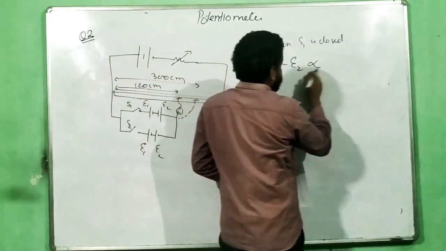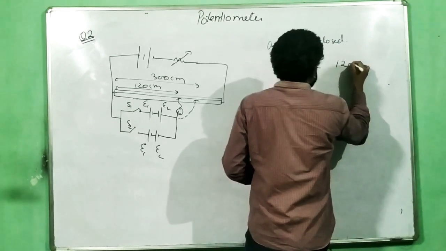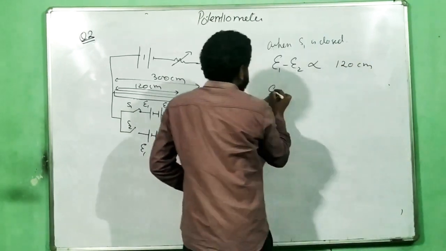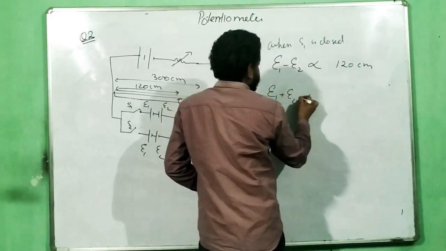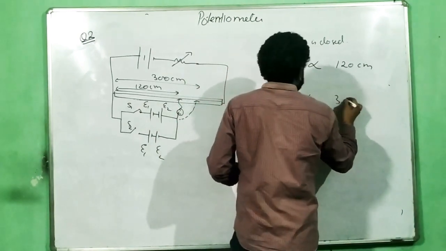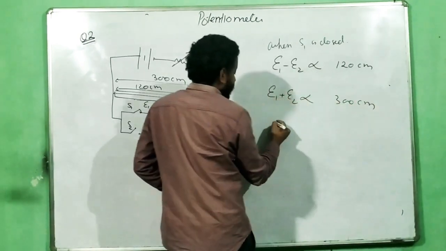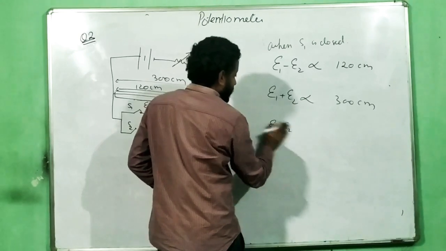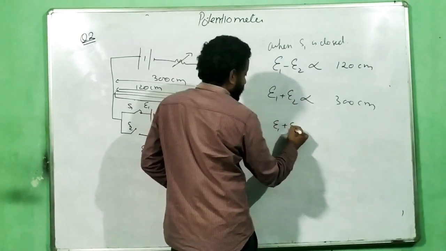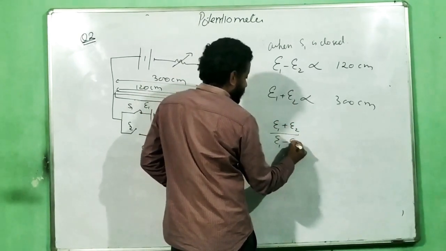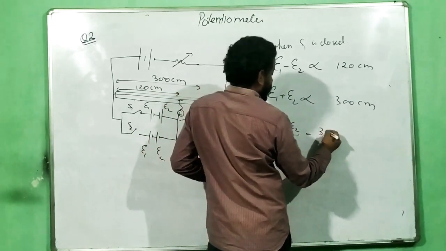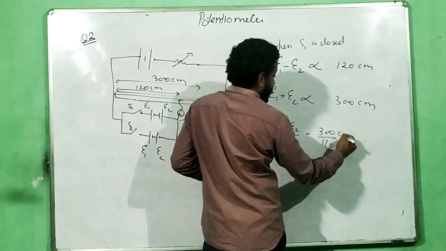So E1 minus E2 is proportional to 120 centimeter, and E1 plus E2 is proportional to 300 centimeter. Therefore E1 plus E2 divided by E1 minus E2 will be equal to 300 divided by 120.